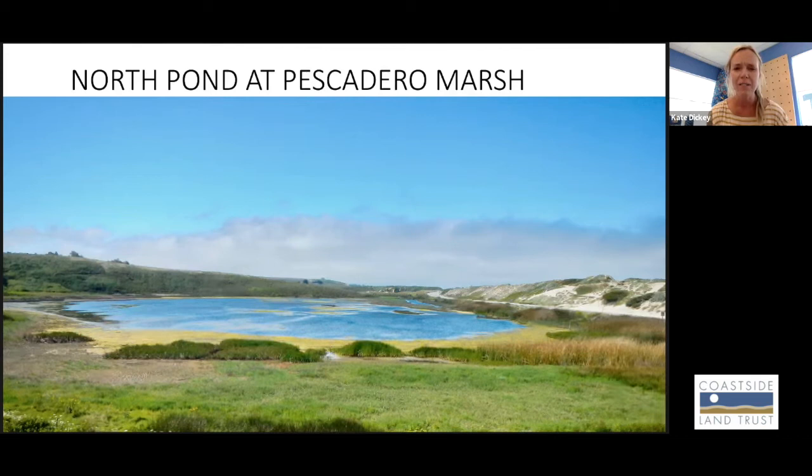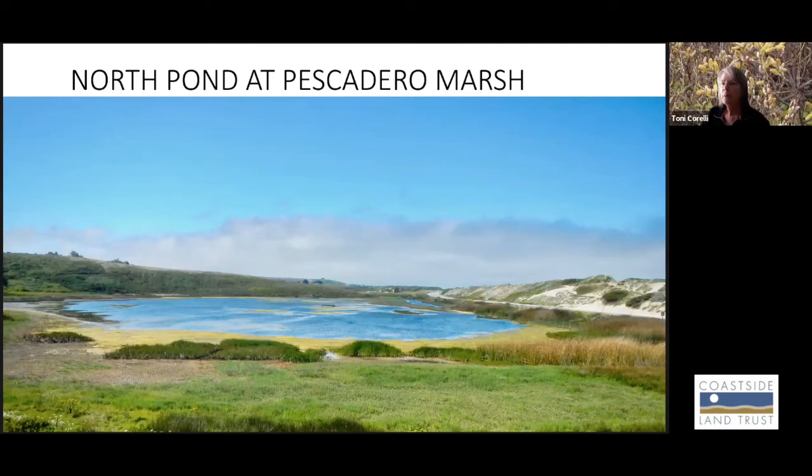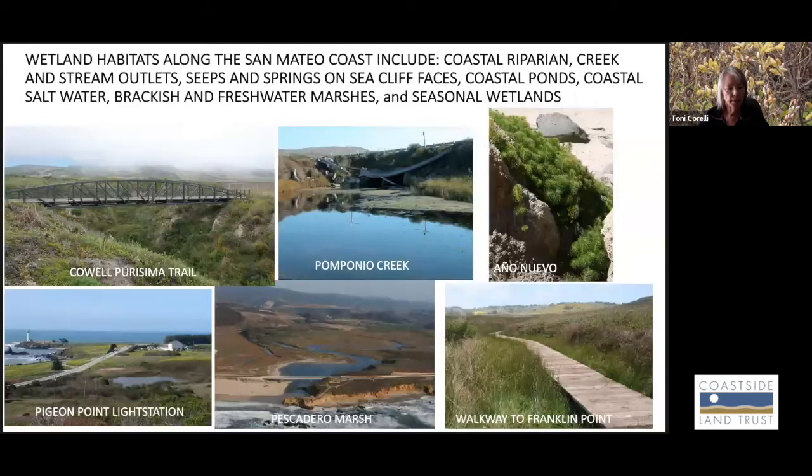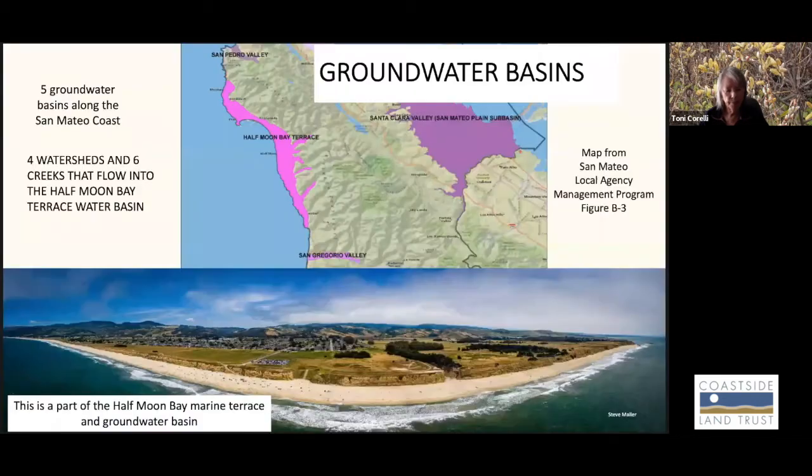We have, let's see, one person asking, is Clara Creek part of the San Pedro watershed? Is the water department, Clara Creek is in Pacifica, correct? Is that right? Yes, I believe Clara Creek is in Pacifica. Let's see. I'm trying to get back to that slide.